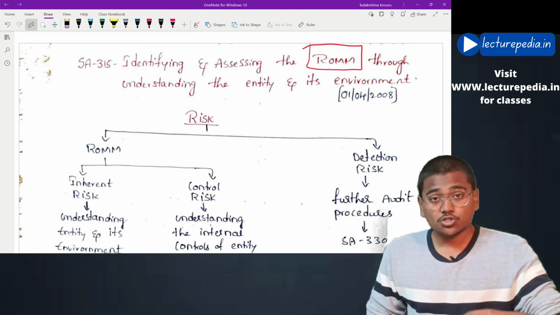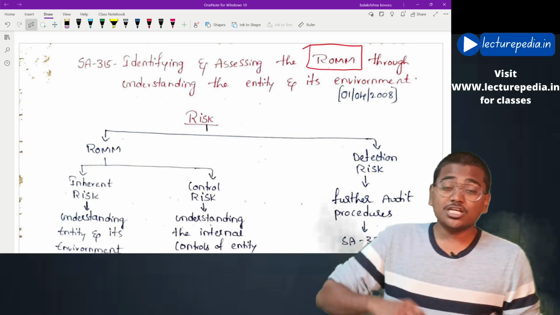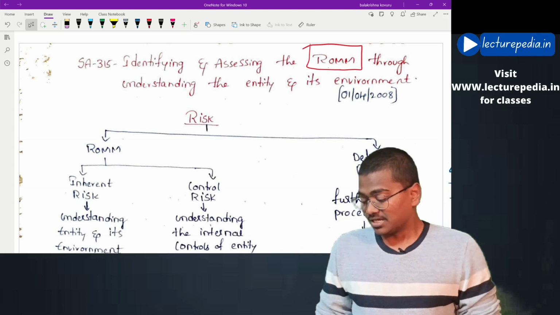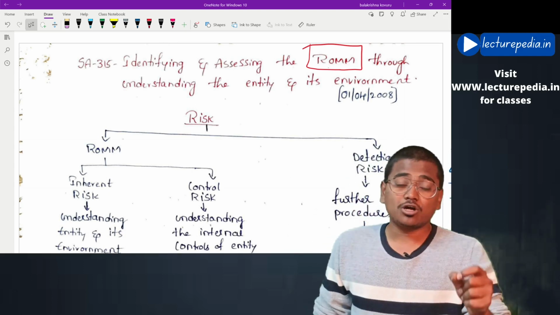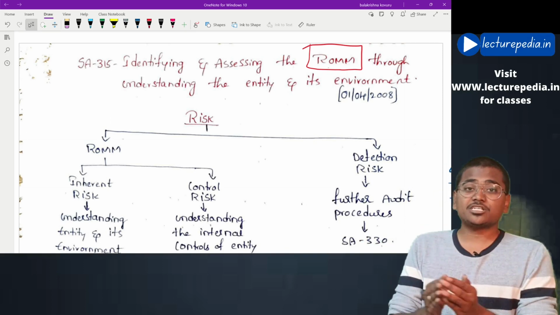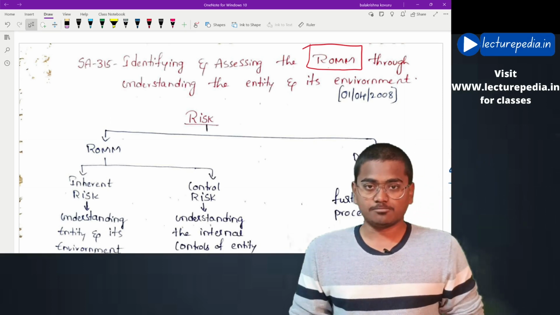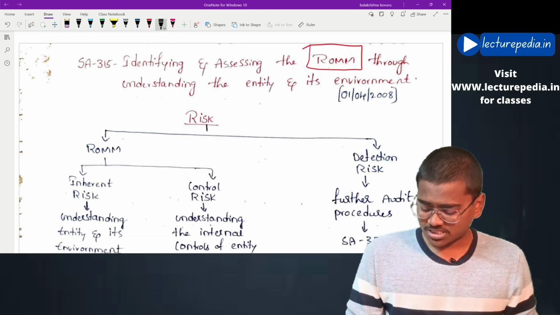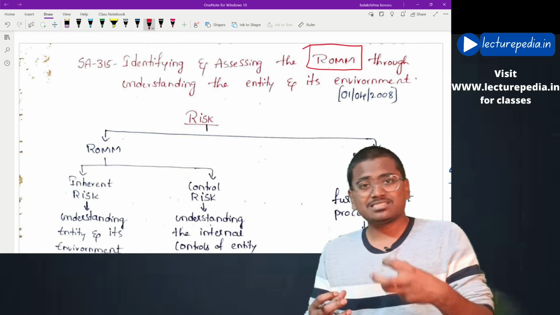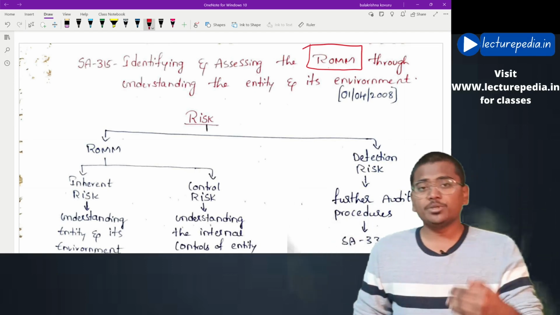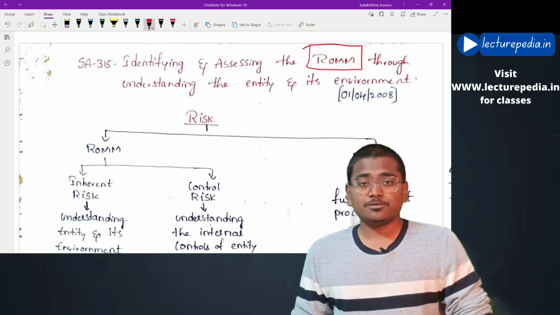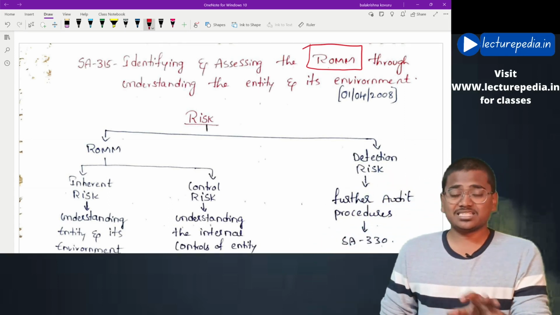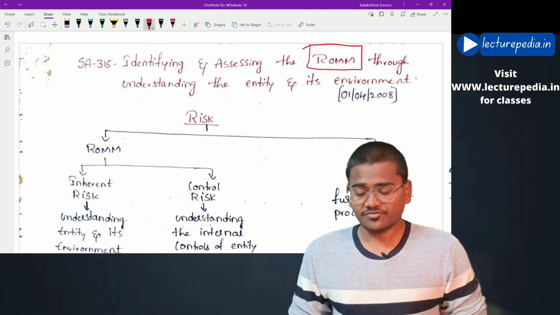Based on the identified risk, the auditor will design his audit procedures. That is the importance of the concept of risk in relation to audit of financial statements. Now, first of all, let us understand this concept of risk. Once you understand this concept of risk, you will be able to easily understand the procedures that are prescribed under SA 315, that we will be discussing under 315.